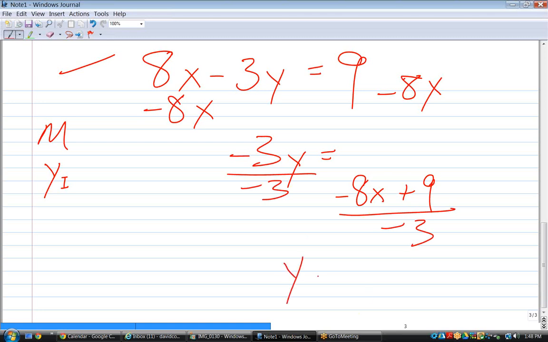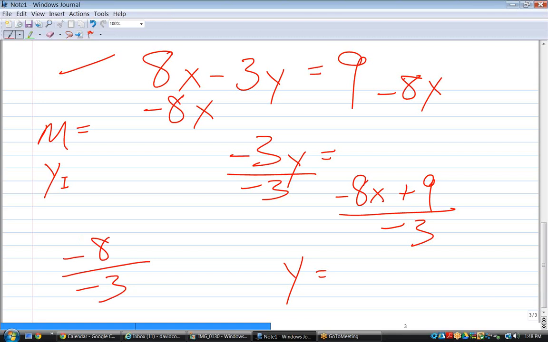What's the slope and what's the y-intercept? The slope would be negative 8 over negative 3. Simplify. What's negative 8 over negative 3? Would be negative 2 and 2/3. No?